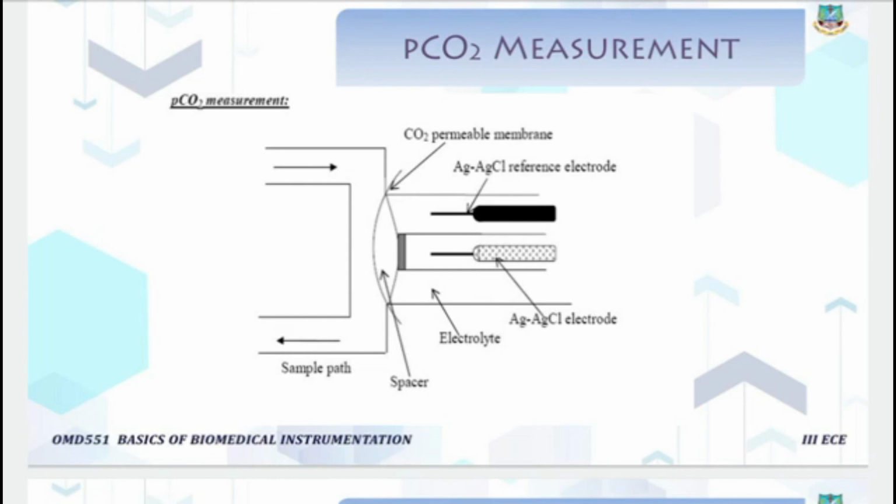So the diffusion of carbon dioxide alters the pH of the electrolyte, thereby changing the potential output of this modified pH electrode. This gives the PCO2 in the sample.